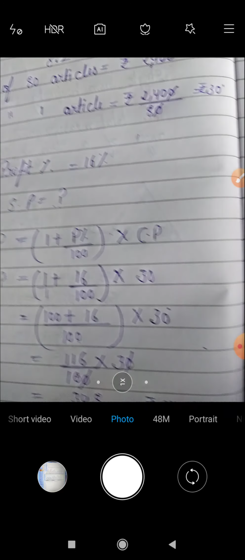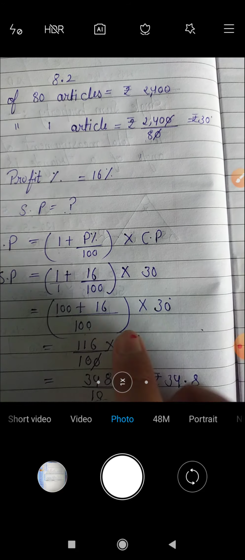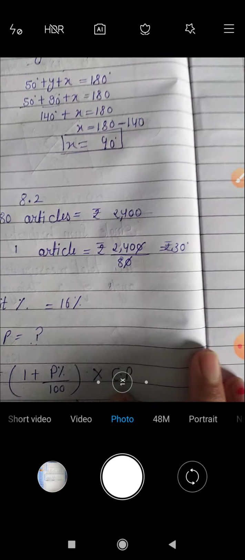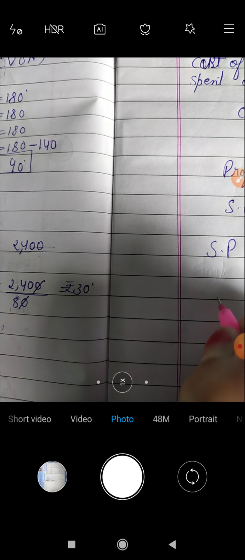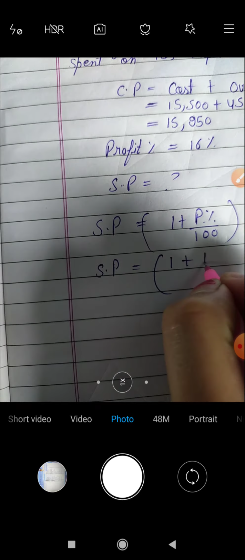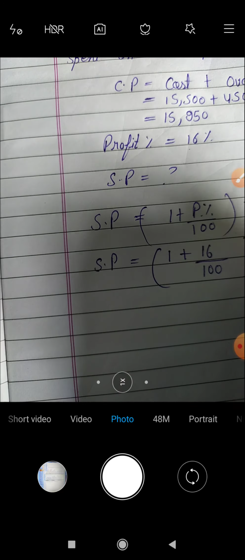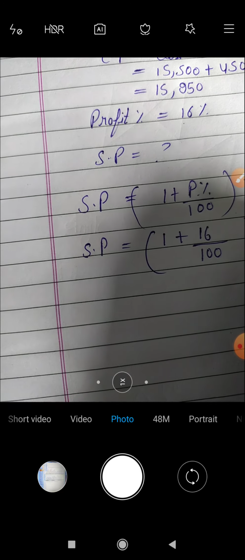So here we also use this formula: SP is equal to 1 plus profit percent upon 100 multiplied by CP. First we write the formula. Then we put all the values from the question. 1 plus profit percent, it is divided by 100, and cost price is 15,950.